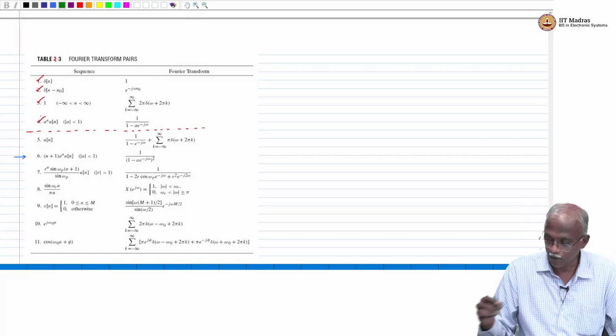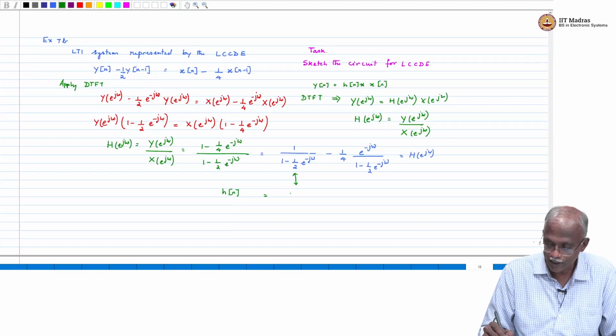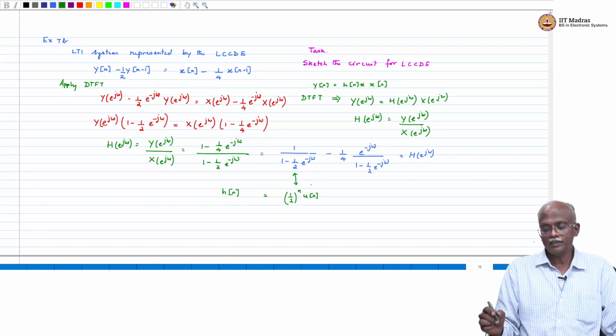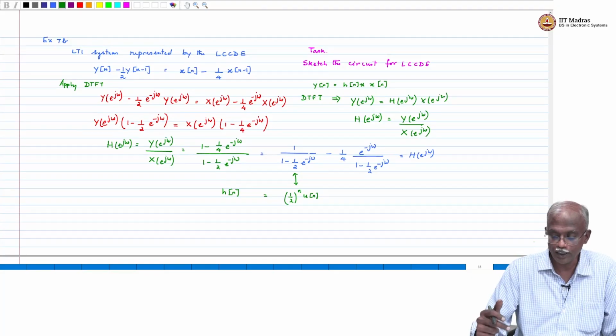That is the result that we have already obtained. So, this term is 1/2 raised to the power n u of n, the corresponding inverse discrete time Fourier transform. This is the sequence that will give you that response.